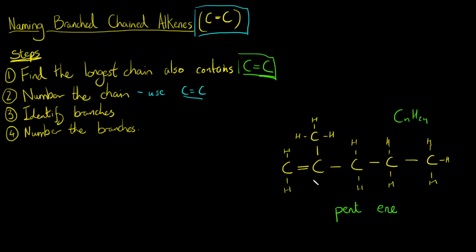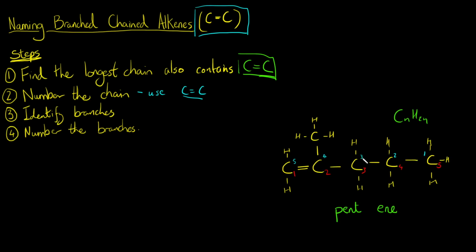Let's look at some numbering systems now. We could do in red, going from left to right, 1, 2, 3, 4, and 5. Or if we looked at in blue, going from right to left, 1, 2, 3, 4, and 5. Only one's correct. The one in red is correct because it gives us that carbon to carbon double bond on the smallest possible number. It's starting at carbon number 1.